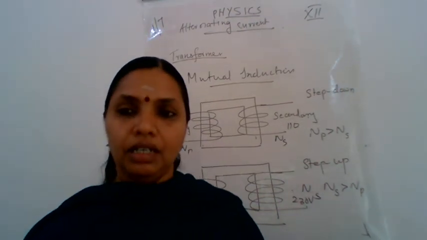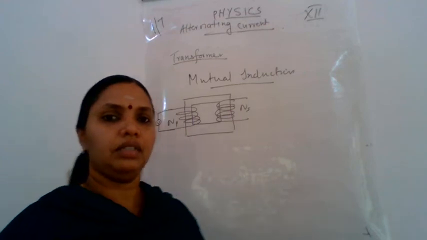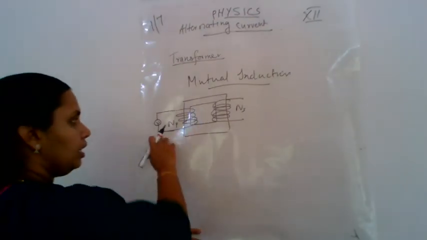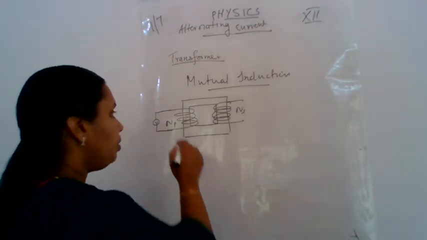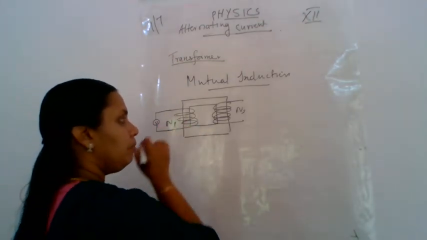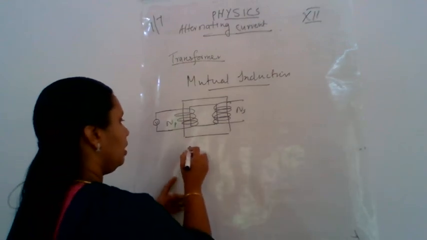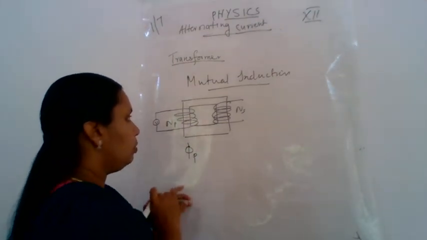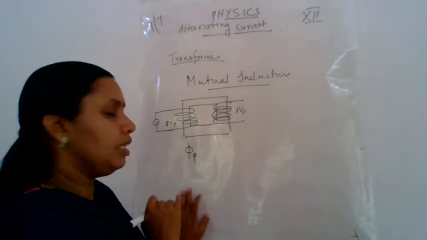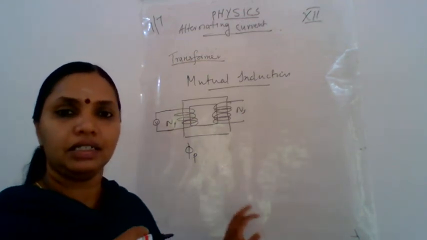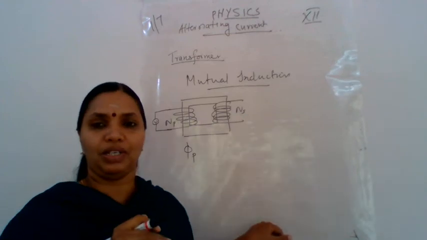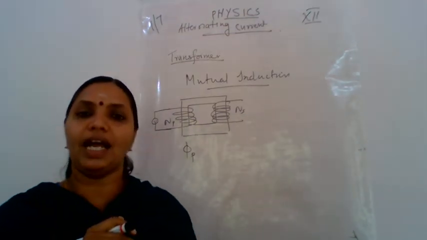Next we have to see the working. The primary is connected across an AC source, and we know that when current flows there will be flux produced. So we take phi p as the flux produced across the turns in the primary. We are considering this an ideal transformer.